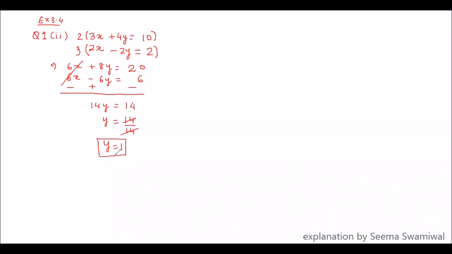Now you will put this value of y in either the first or the second equation. So let's put it in the second equation. This is the first and this is the second equation. Put in the second: 2x minus 2y, with y as 1, is equal to 2. 2x is equal to, this 2 goes to this side and becomes 4.